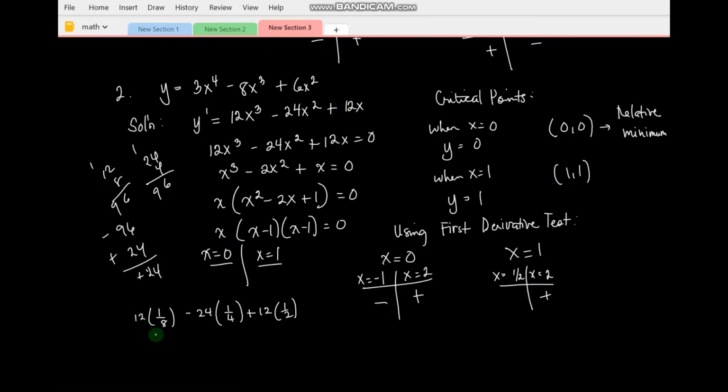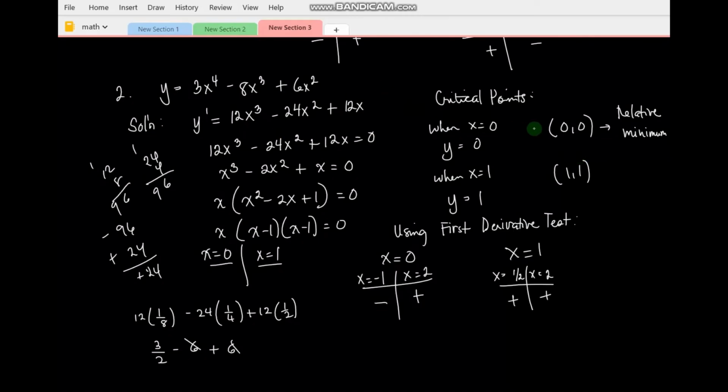So, 12 over 8 is 3 over 2, minus 6 plus 6 cancel. So, positive. As you can see, the sign does not change, right? So, positive, positive. Therefore, at x equals 1, the 0.11 here is not a relative minimum or a relative maximum.